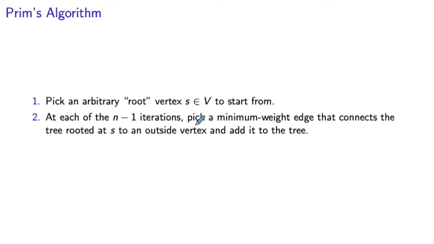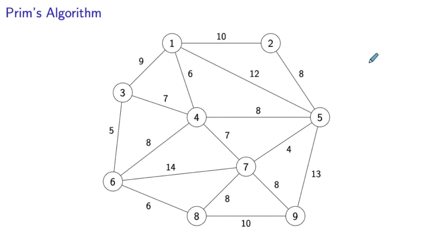We always pick a cheapest edge that connects a tree vertex to a vertex from the outside of the tree and add it to the tree. And then in the end we'll have a tree consisting of n-1 edges, and this will be our optimal minimum weight spanning tree.